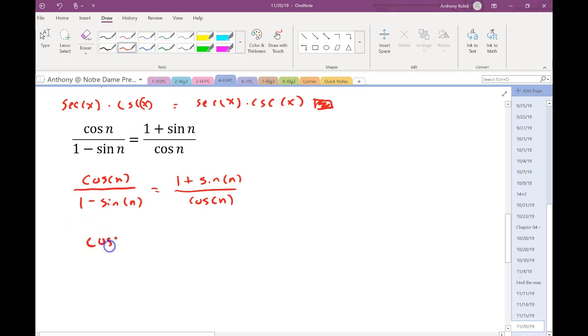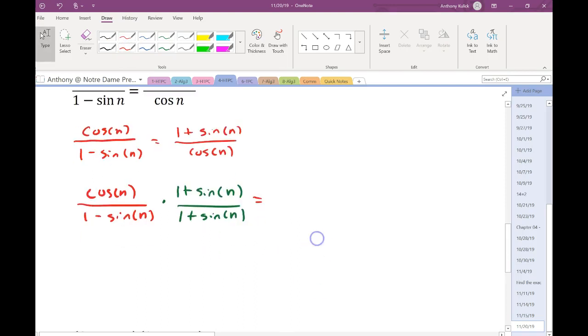So what we'll do to the left-hand side is multiply the top and bottom of this fraction by 1 plus sine n. Everybody okay there?